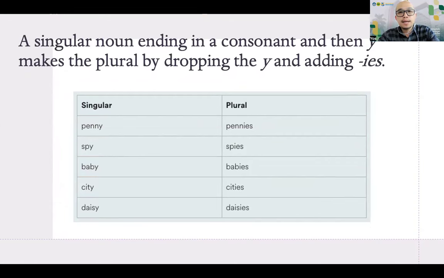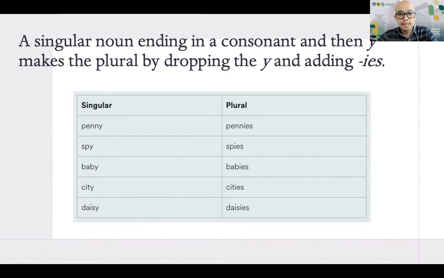A singular noun ending in a consonant y makes the plural by dropping the y and adding the suffix ies. For example, penny. It drops the y at the end of it. The y is dropped and it is replaced by ies.